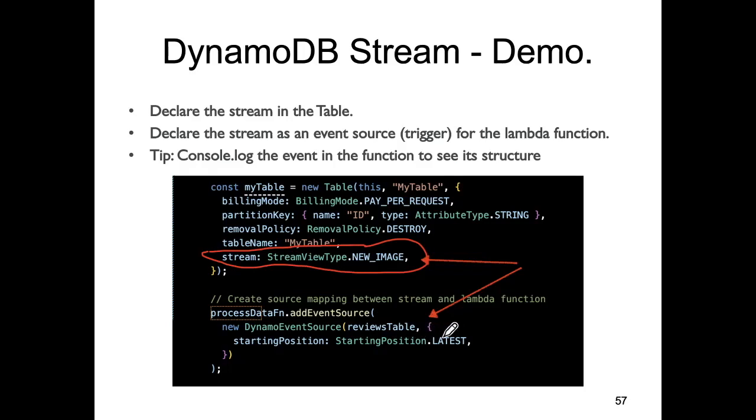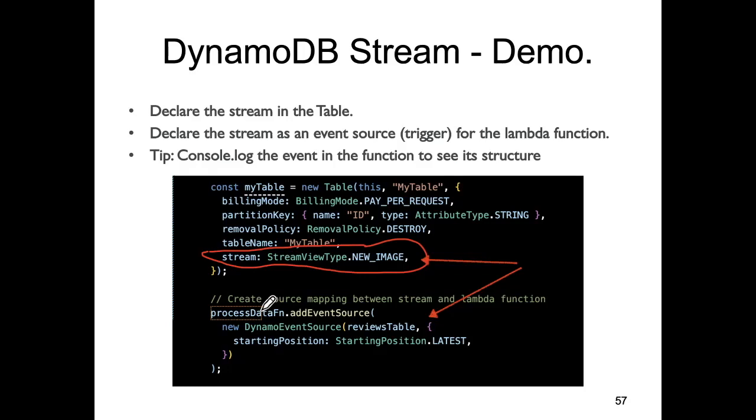So as a result of this, this particular Lambda function is going to be triggered periodically by the Lambda service, and it's going to pass to it a batch of stream entries. It's the exact same as with SQS.